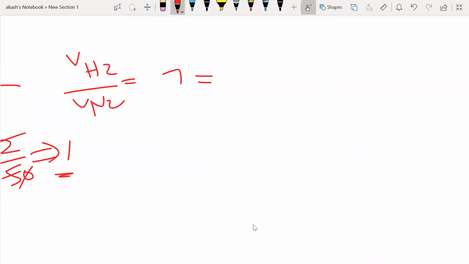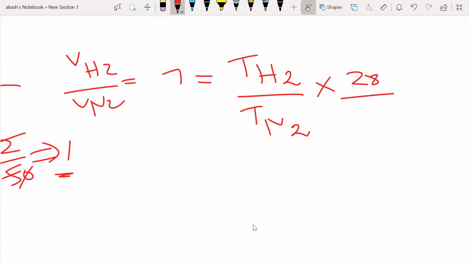Okay, fine. So that would be temperature of H2 divided by temperature of N2, into molecular mass of N2, which will be 28, divided by molecular mass of H2, which is 2. So this and this will go 14 times.